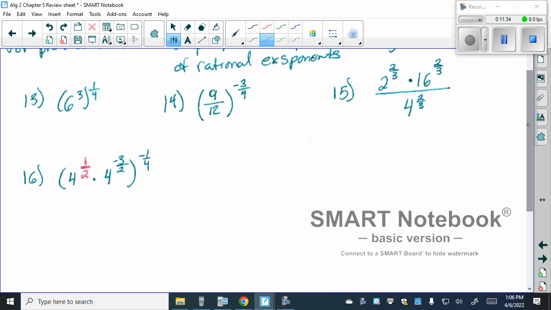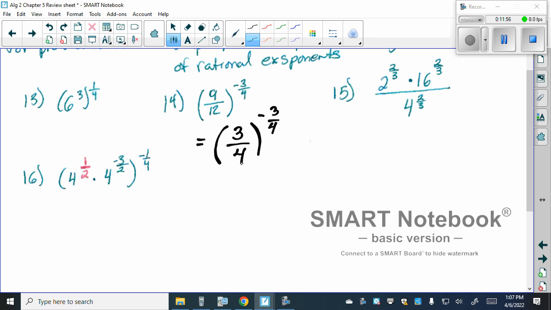Number 14. So we want to simplify this down as much as possible. We're not going to take it as far as we probably should, but we'll take it down a good bit. Now, will 9 over 12 reduce to 3/4?